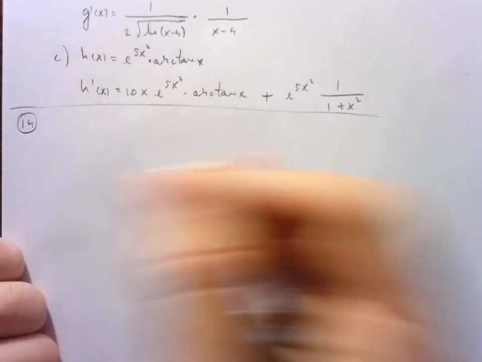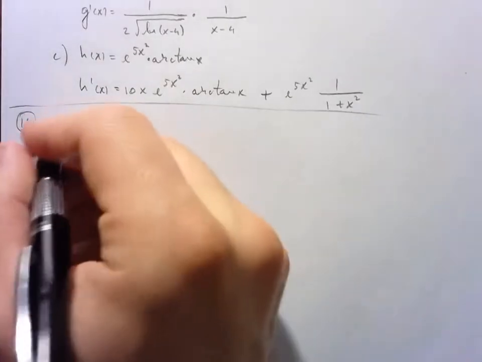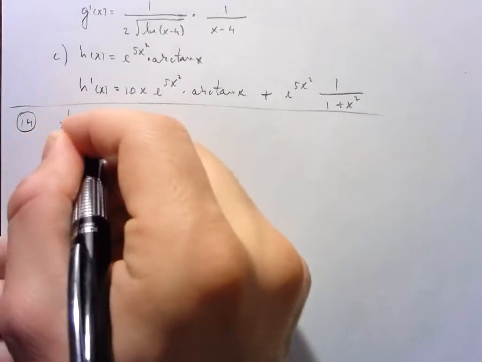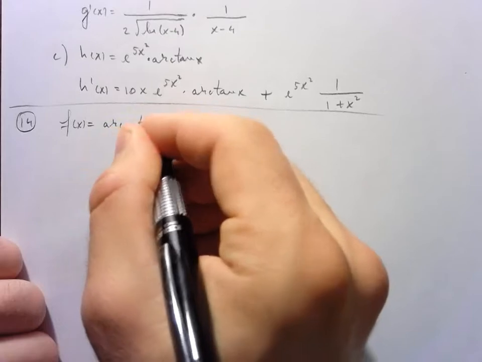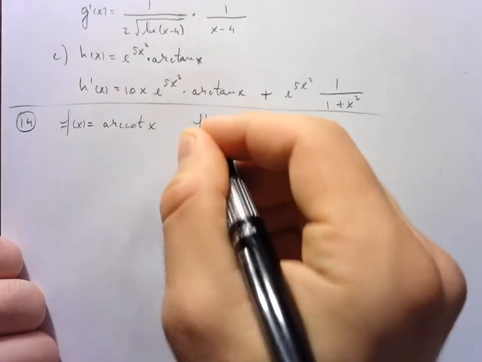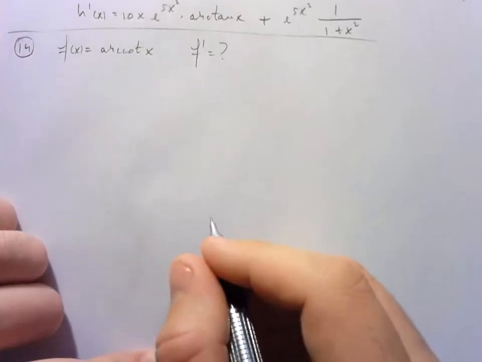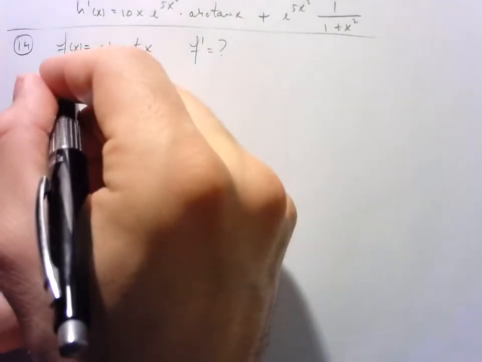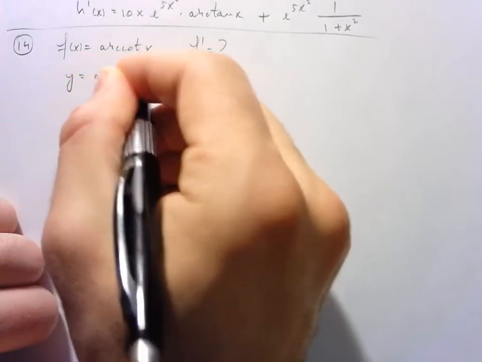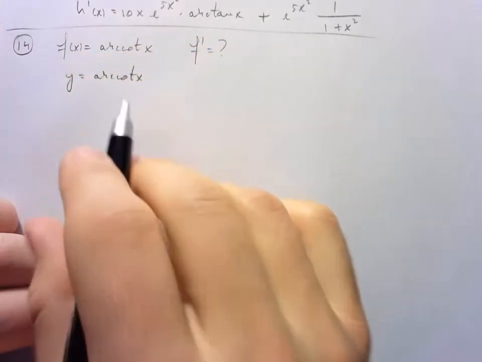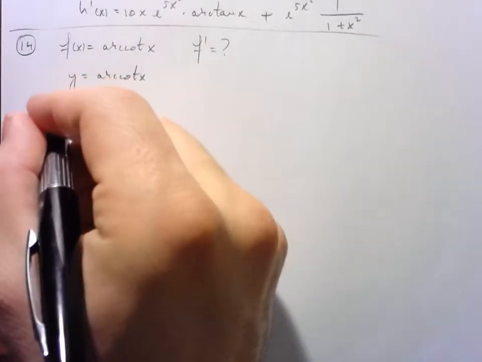And we're told to find the derivative for f of x equals arc cotangent of x. Okay, well, let's start with writing y equals arc cotangent, and there's nothing I can do here, so instead I'm going to apply cotangent to both sides.